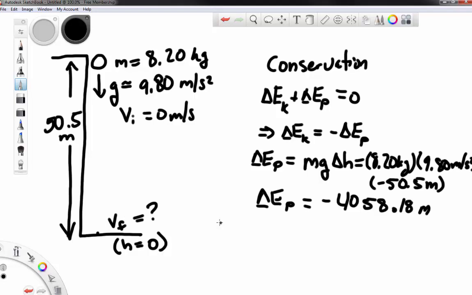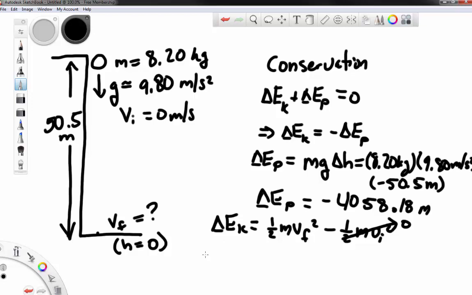Okay, the change in kinetic energy is going to be given by 1/2 times the mass times the final speed squared minus 1/2 times the mass times the initial speed squared. This whole second term is 0 because the initial speed was 0. So therefore the kinetic energy change has to be whatever is 1/2 m v final squared.